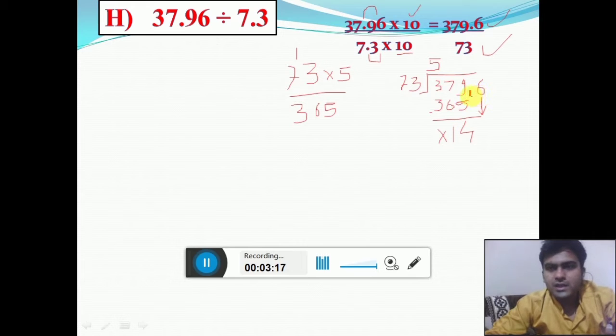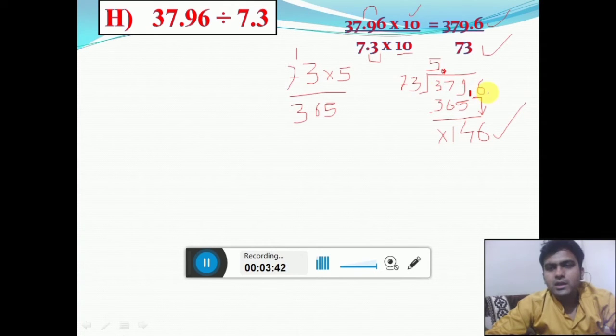Before this 6 there is a decimal point here. So in the quotient we will put a decimal point. And now this 6 will join with 14, so the number becomes 146.